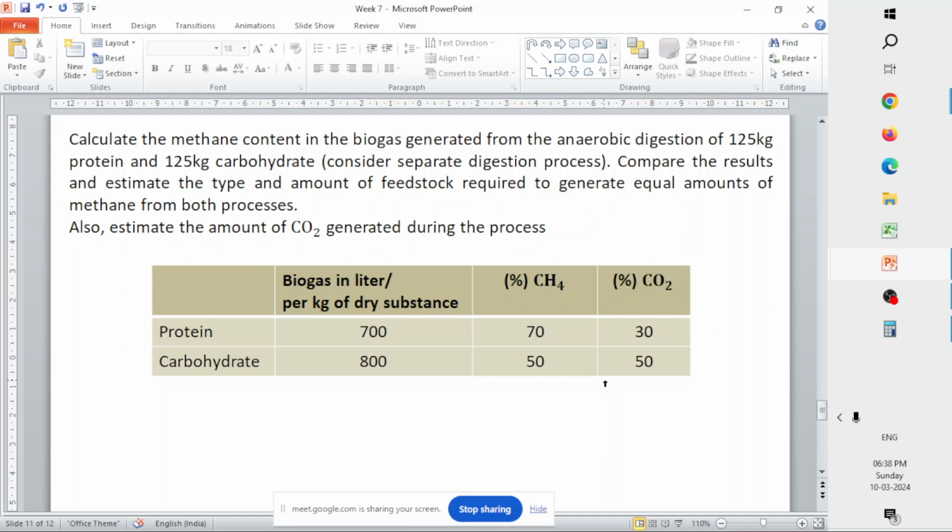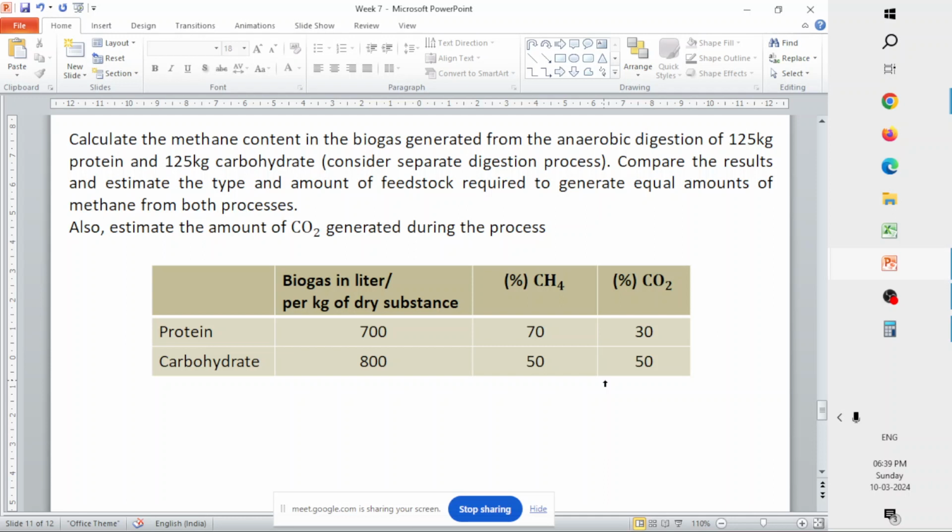Here you are asked to calculate the methane that gets generated during this process, and which one generates more methane, the protein feedstock or the carbohydrate feedstock, and in case one generates less, then how much of that particular feedstock has to be increased so that equal amounts of methane can be obtained. Also, they are asking you to calculate the amount of CO2 generated during the process. This is a very simple question.